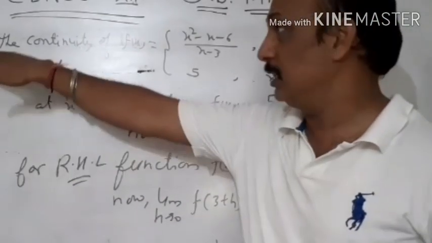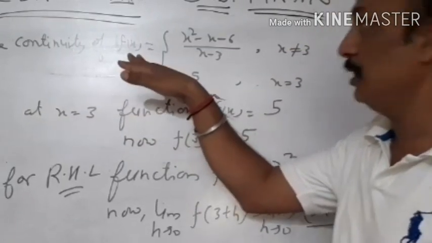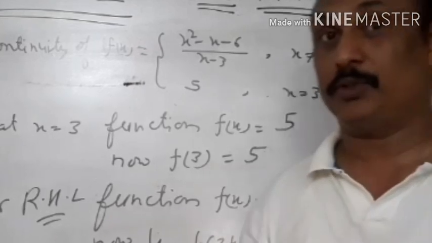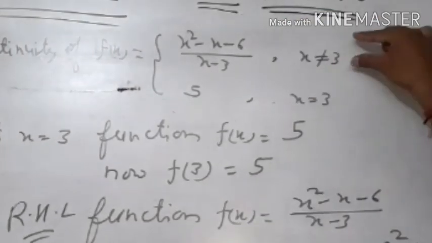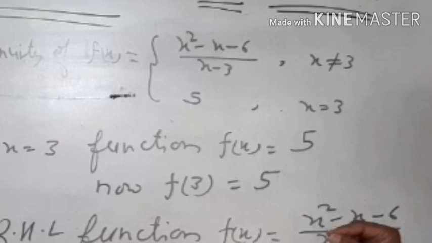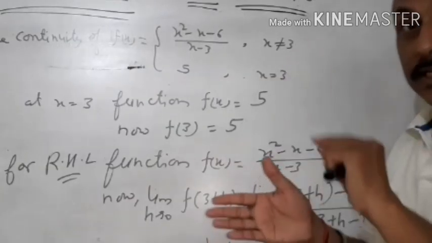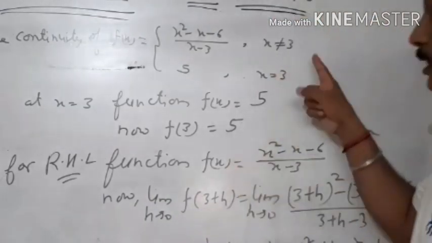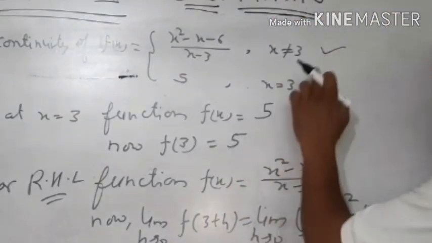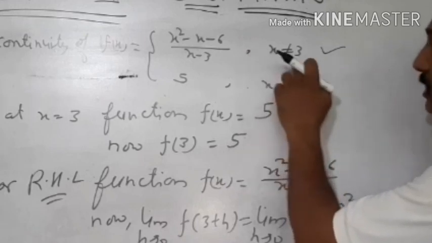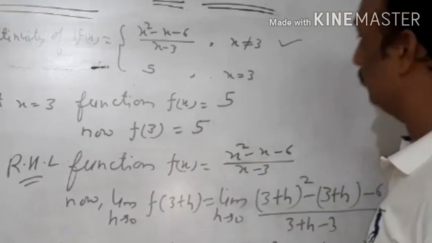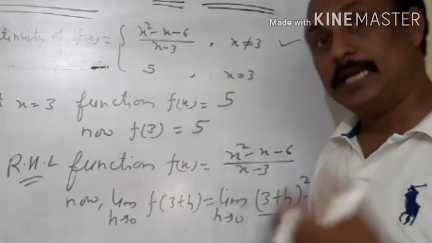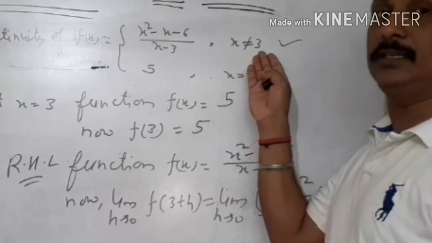Yes, but the question is to discuss the continuity of function f(x) for this condition. Yes, we have to learn this special case. Here, it is not greater than and equal to or less than and equal to conditions. If there is the condition x is not equal to 3, it means x may be greater than 3 and x may be less than 3.